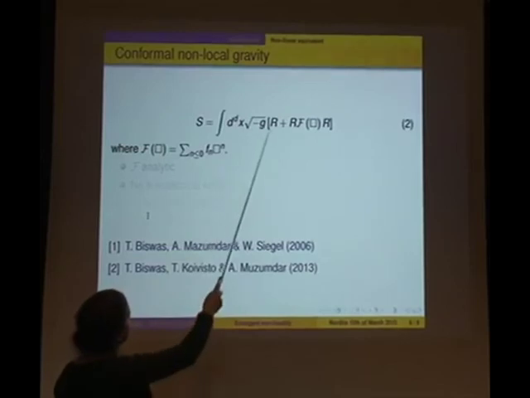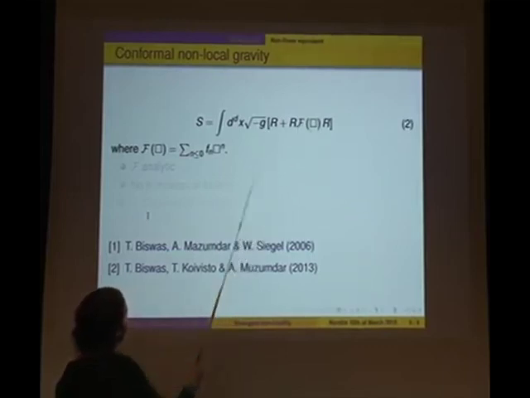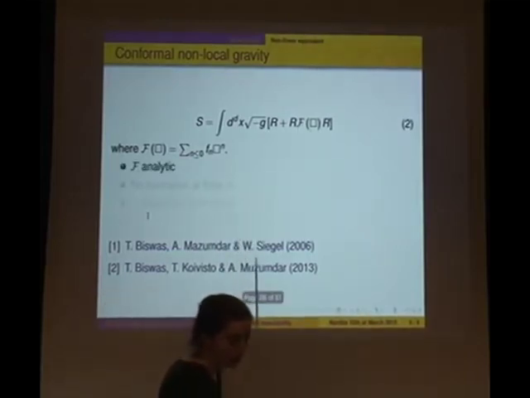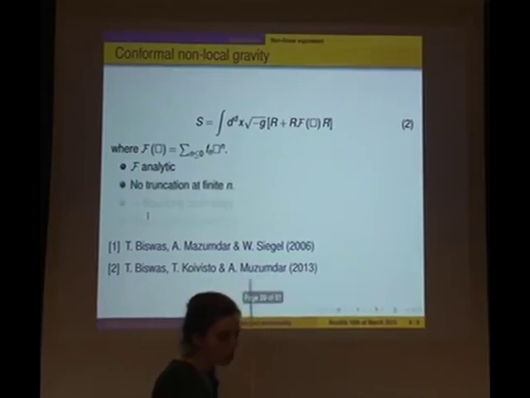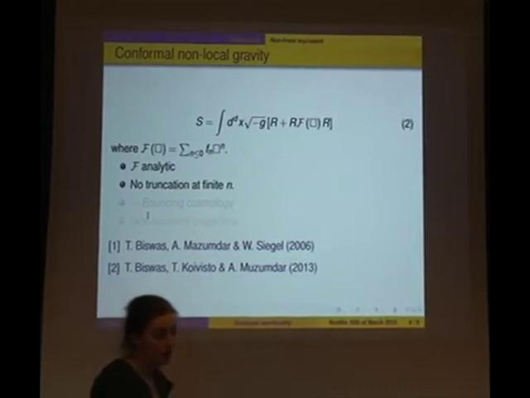And it's this function here. This is a normal GR term, and then there's this additional term where F is an analytic function, but which has no truncation at finite n in the series.